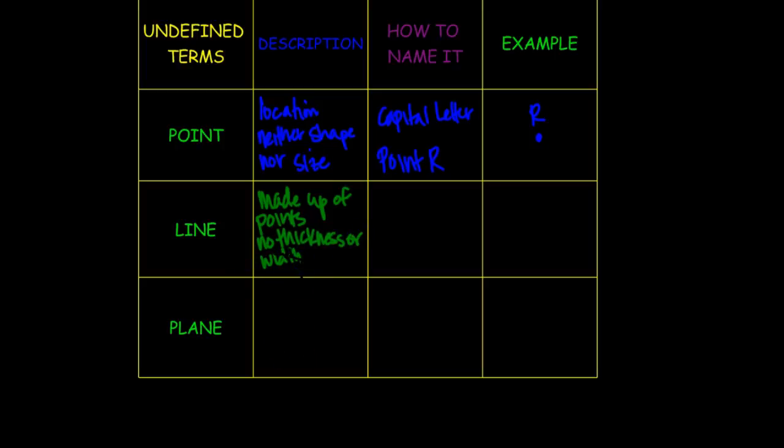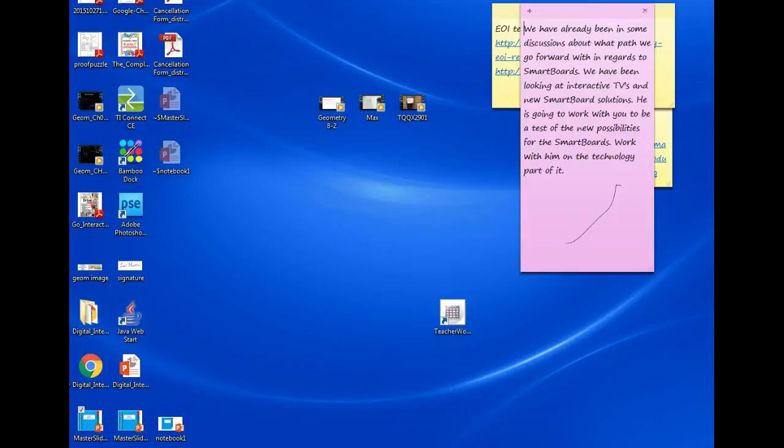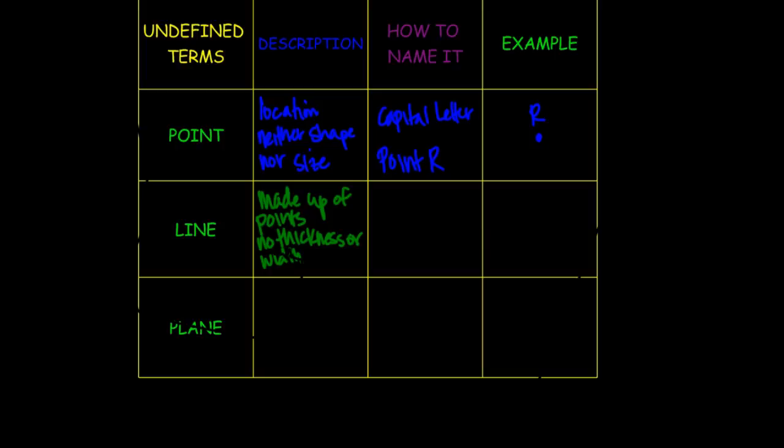And we also know that exactly one line goes through 2 points. So exactly one line through 2 points.